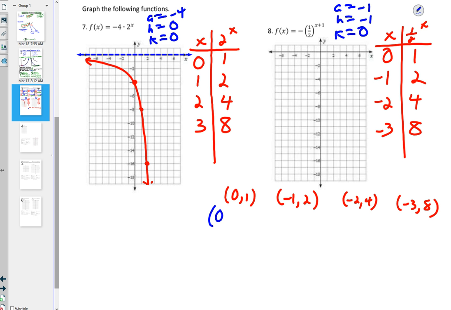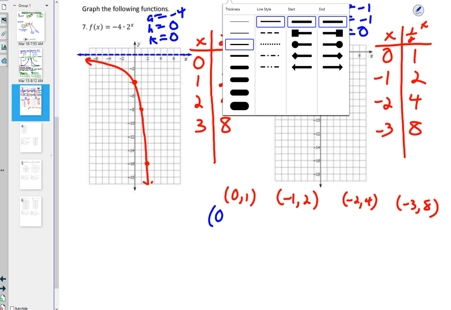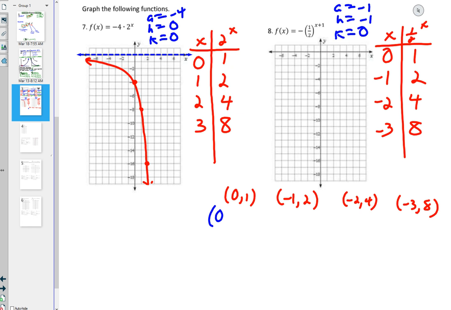The first x is 0. What do I do to the x's? And actually, hold on. Let's even do this. Where's the asymptote going to be at?